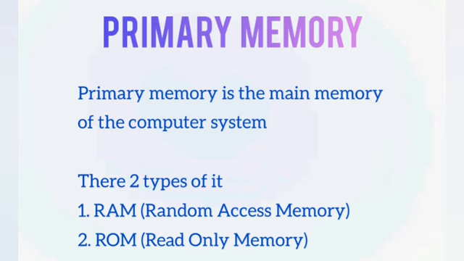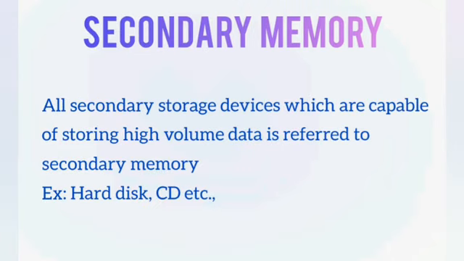Right? So we have understood what is primary memory and its types. Let us understand what is secondary memory. All secondary storage devices which are capable of storing high volume data are referred to as secondary memory. It is slower than primary memory, obviously, because primary memory is stored inside the computer, but secondary memory is accessed outside of the computer.